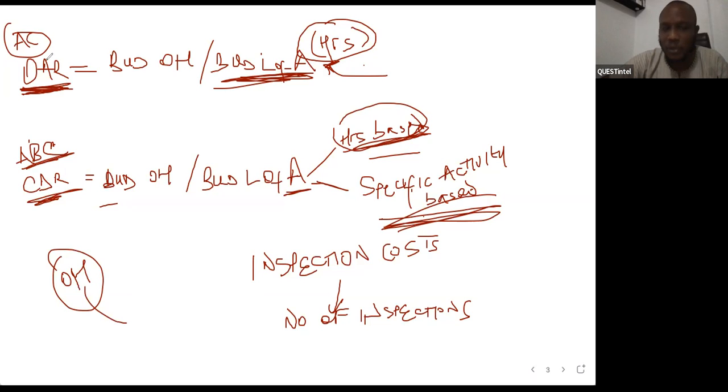ABC is much more complex than absorption costing, and so the extra cost we are incurring for the accuracy we get from ABC might not be justified, particularly if, because of the difficulty in identifying activities, we're not able to practically identify them. Then the extra cost you've incurred on activity-based costing is no longer justified. There's no reason to do that.